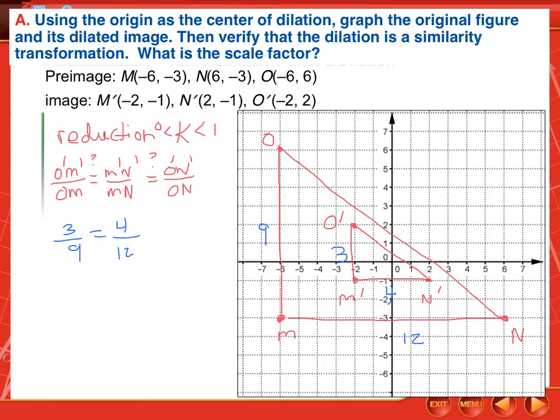So far so good. And O prime N prime here, we've got clearly a 3, 4, 5 right triangle. 3 squared is 9, 4 squared is 16, so that's the square root of 25, so that's a 3, 4, 5.